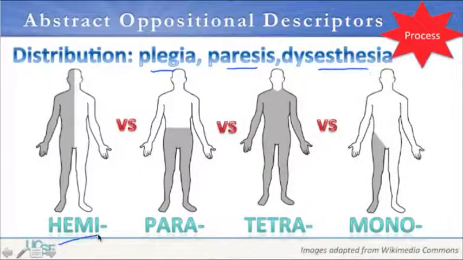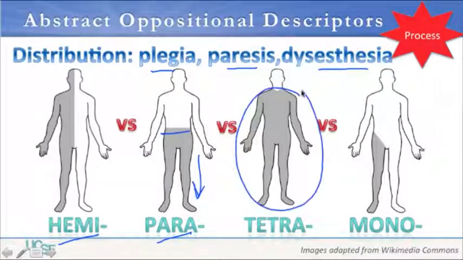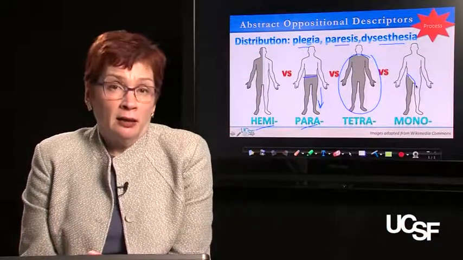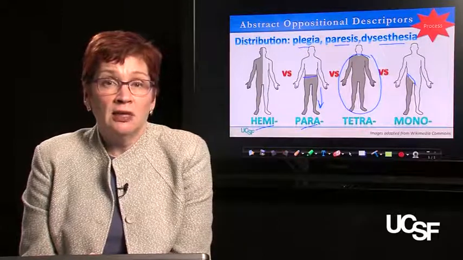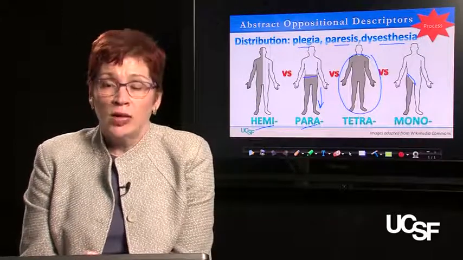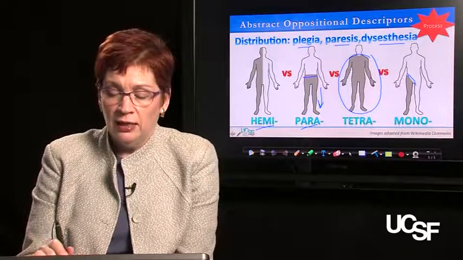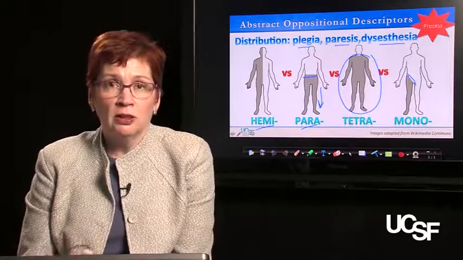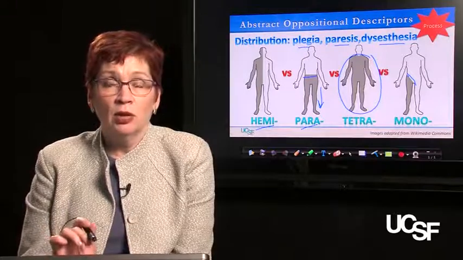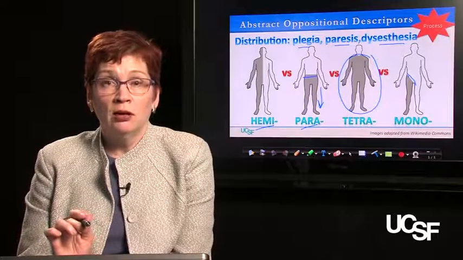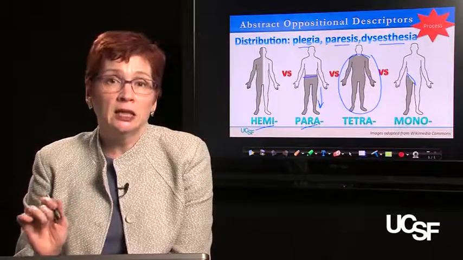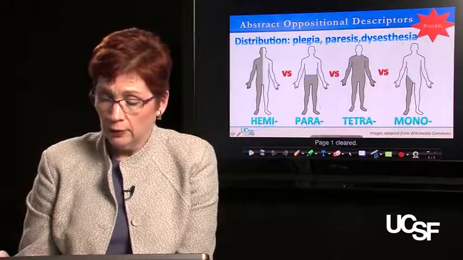Hemi, one side of the body, para, lower aspect of the body, tetra, all 4, or mono, single limb. Again, what you see, this is sort of a shorthand for the physician. Instead of saying they have weakness in their leg, arm, left leg, and left arm, they can say they have tetraplegia. And it's instantly recognizable not only to their memory stores, but to the memory stores of any clinician with whom they interact.